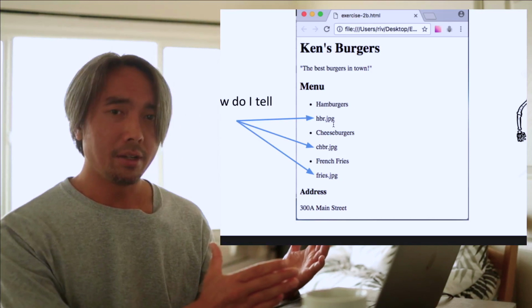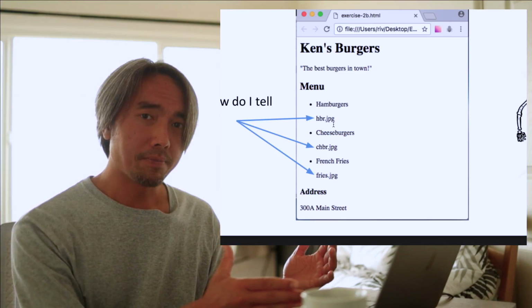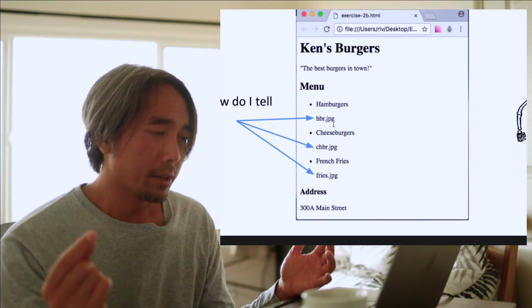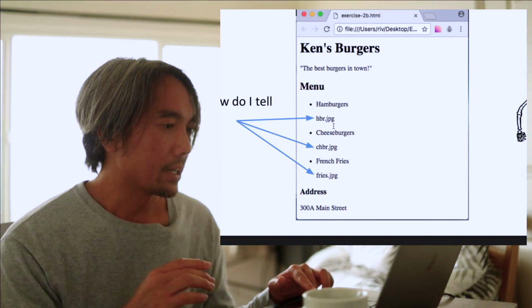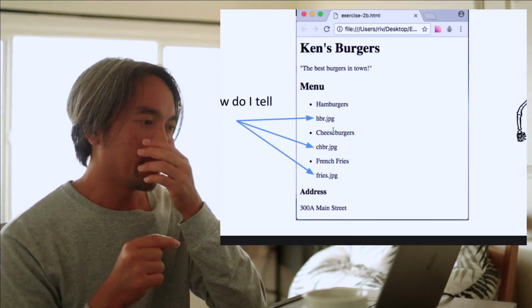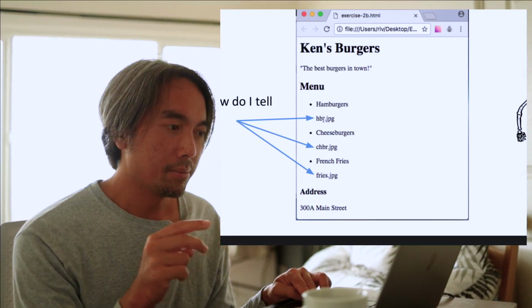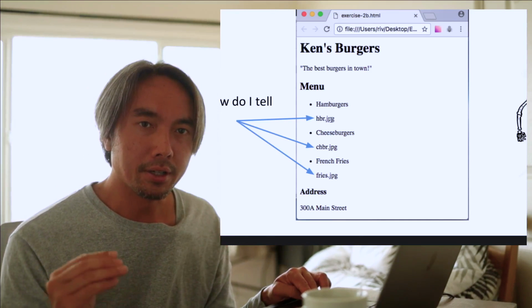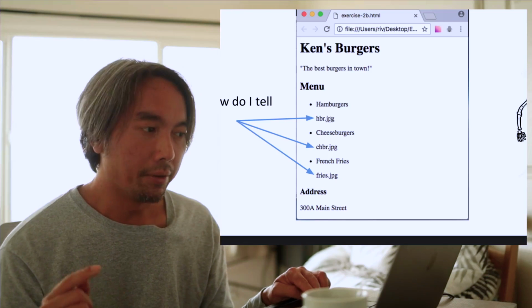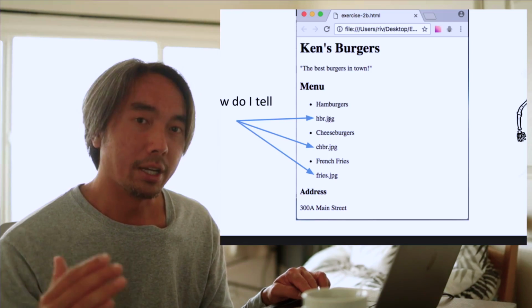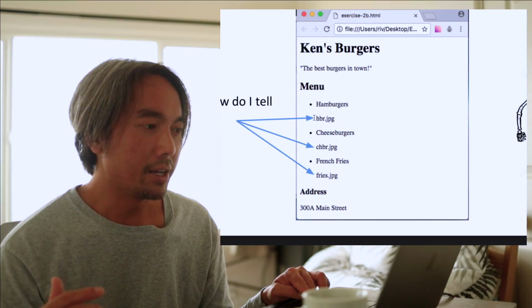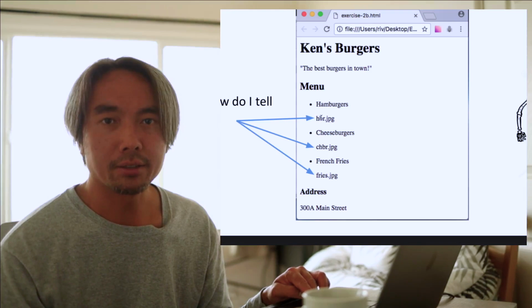Why isn't it displaying as an image? I'll give you a second to think about that one. Well, the answer is that you didn't tell the browser that this piece of text here is a file name. And if you don't tell it it's an image file name, it's just going to render it as pure text.